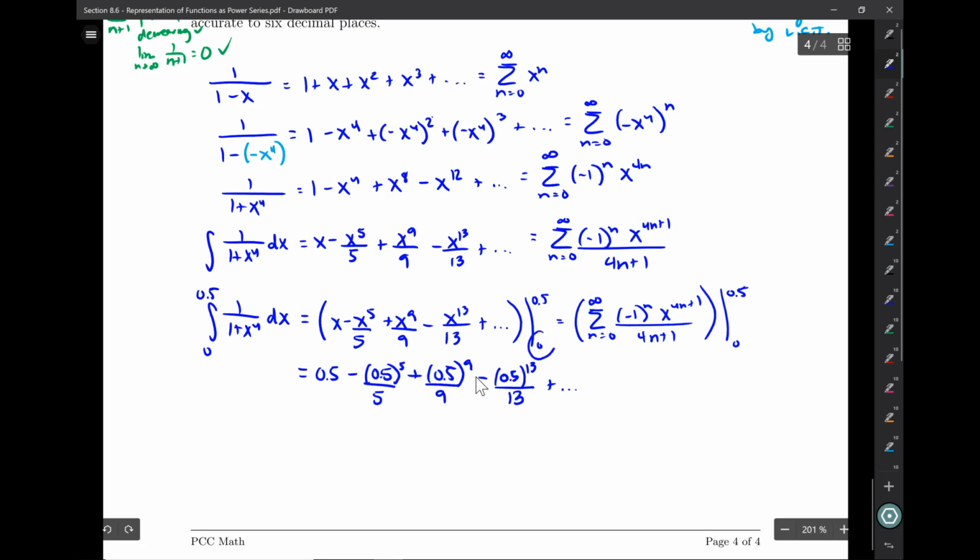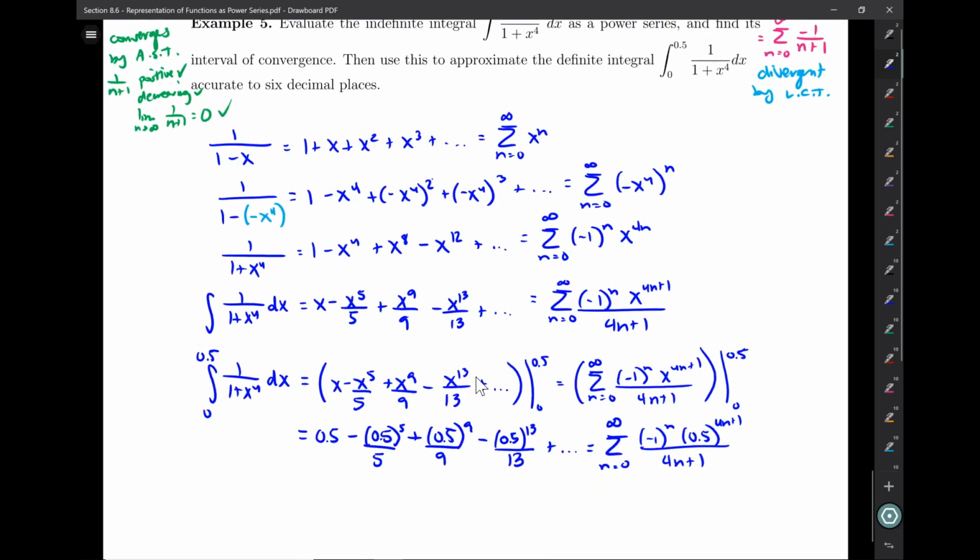Now notice that when I plug in 0, I'm going to end up getting minus 0. So I'm not even going to bother writing that. And then what I end up getting over here is now no longer a power series, right? Because now I'm actually plugging in a number for x. Now I just actually have a series, 0.5 to the 4n plus 1 over 4n plus 1.